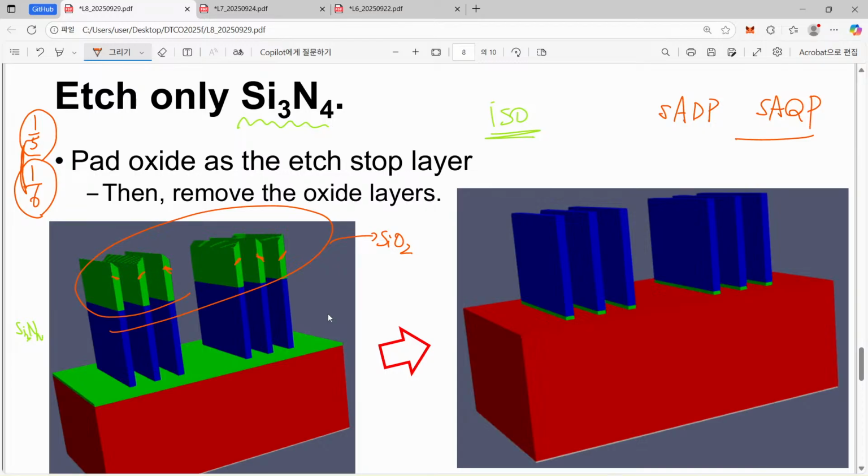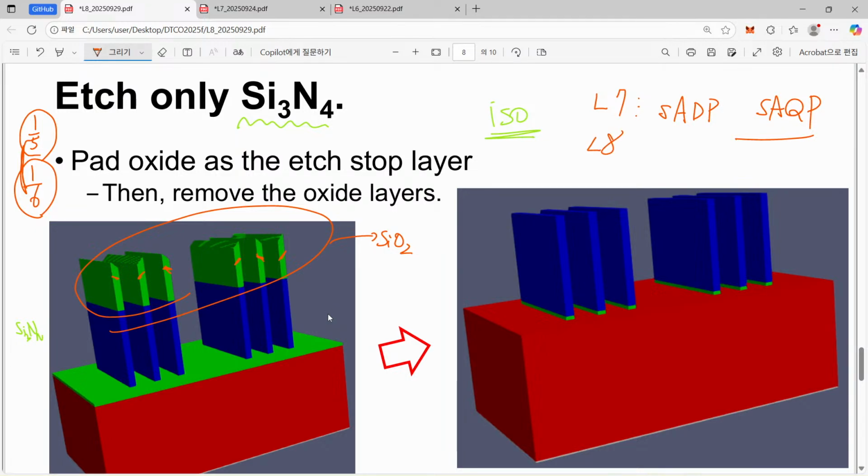But the main point is first make a certain pattern with longer wavelengths, then introduce sidewall formation and use that sidewall as the real pattern. That was covered in our lecture 7.